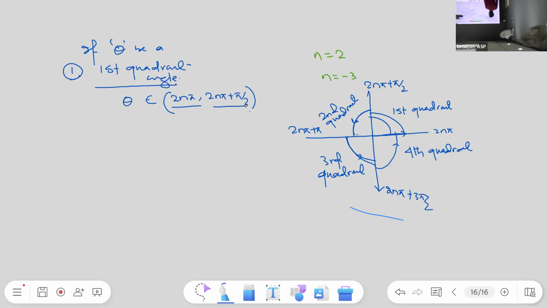If you take n equal to 1, it will be 2 pi to 2 pi plus pi by 2, that is 360 degree to 450 degree. If you take n equal to 2, then it will be 4 pi to 4 pi plus pi by 2, 720 degree to 810 degree. So for the second quadrant angle, it will be a second quadrant angle.